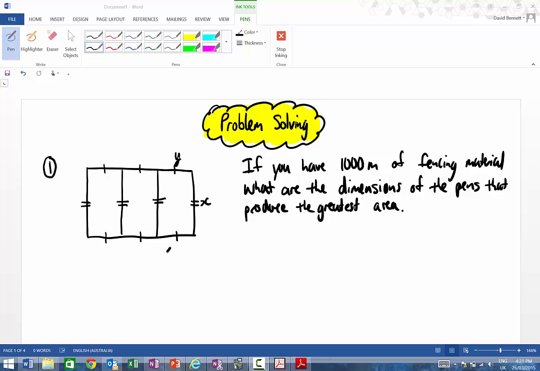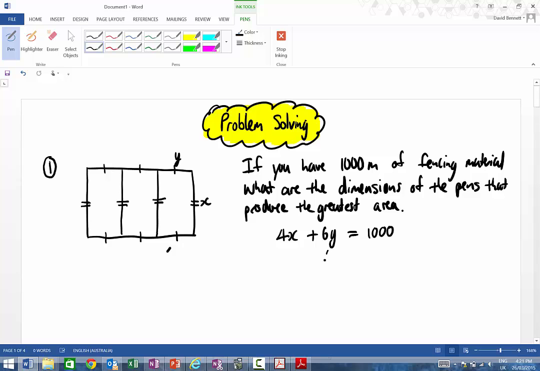So what I've got here is, in fact, when I start looking at it, 4 x's and 6 y's, and that's got to be equal to the perimeter, which is 1,000 metres, don't I? Alright, so now I can rearrange this equation. I could find y in terms of x.